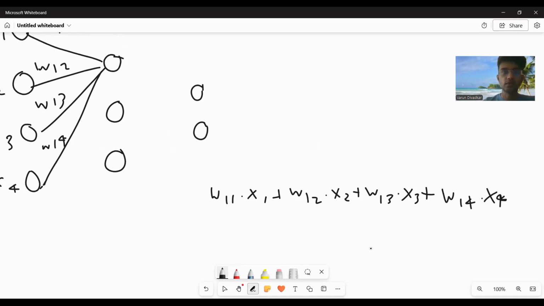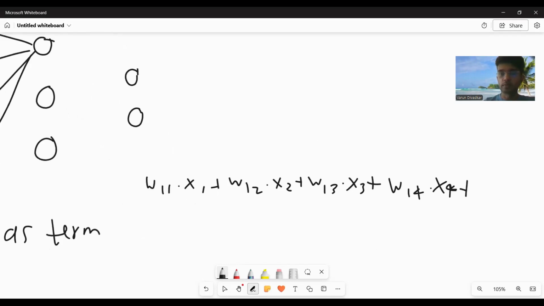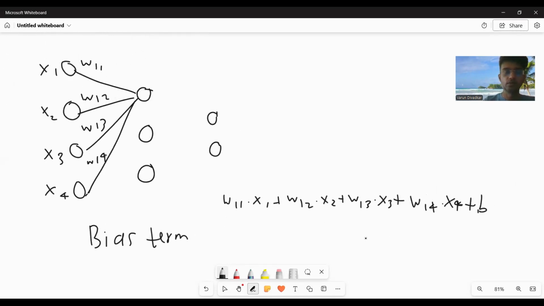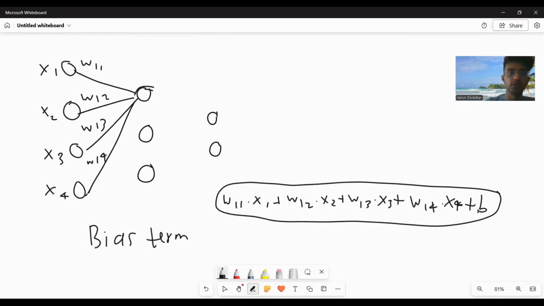And then at each of these nodes, we also have something called a bias term, which is a constant value irrespective of any of these inputs. So we add a bias, plus b. So this is the value which is going to this node.